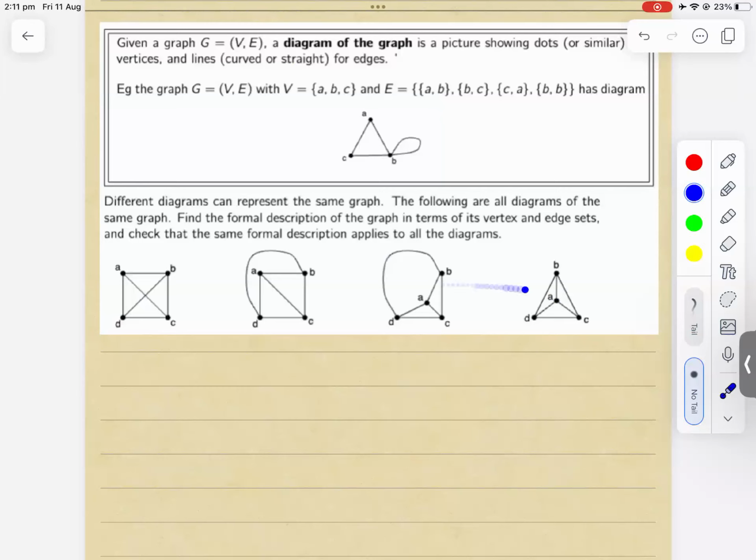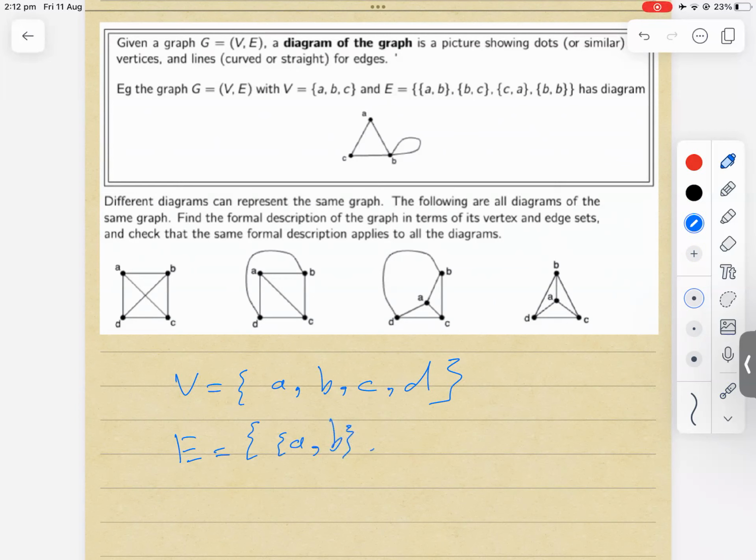So all of these are showing the same graph, where the vertices A, B, C, D and the edges are AB, BC, CD, DA, AC or CA, it doesn't matter, and BD.